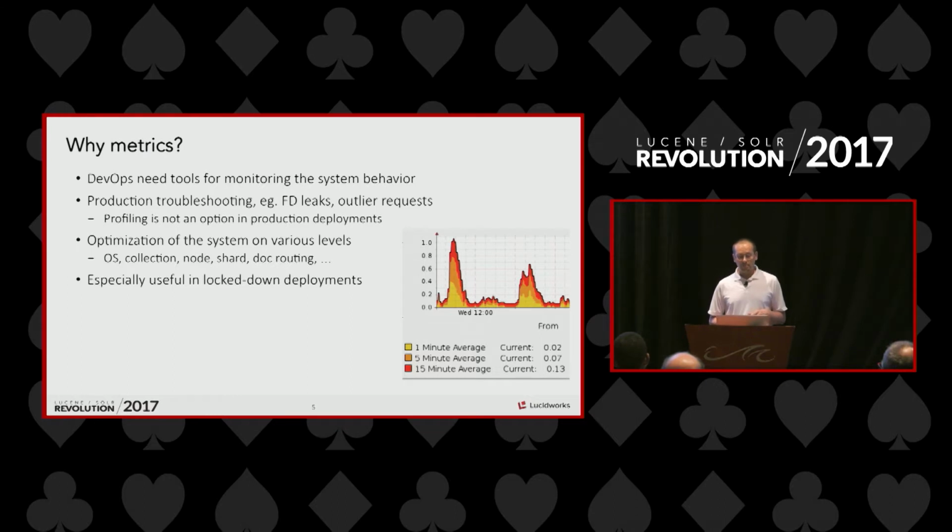You could say, okay, I could probably use profiling, but it's, again, not practical to profile an application that is in production. So we need something much less invasive, but at the same time that provides us with much more information. So hence the metrics.